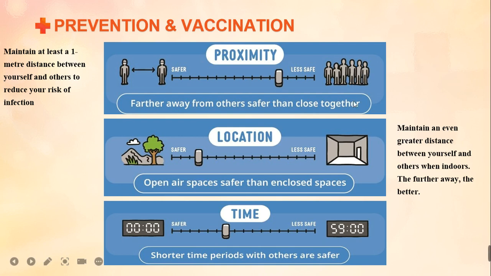Don't be in crowds or get-togethers or anything. And if you want to meet someone, meet in the outer space, like open air, not in an enclosed room. But if there are some situations where you have to meet in an enclosed room, open the windows and doors for proper ventilation.